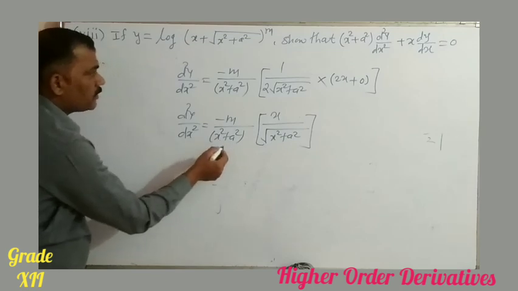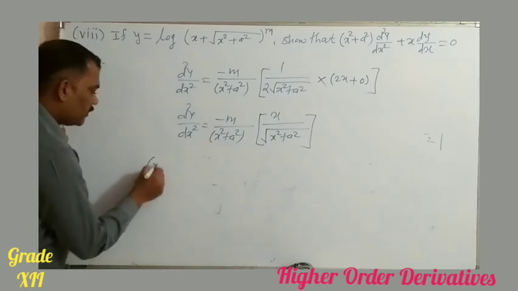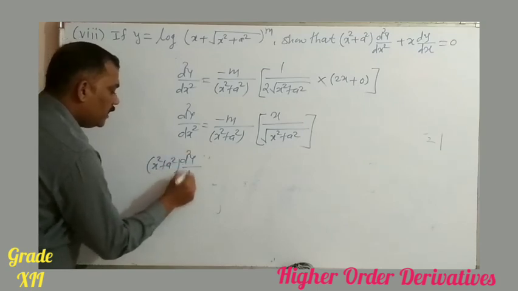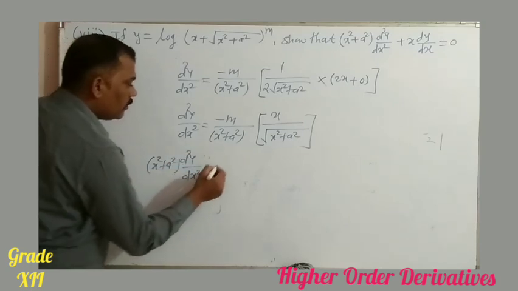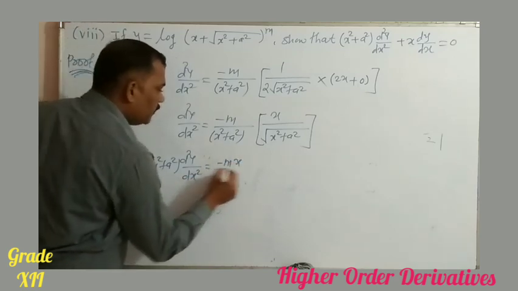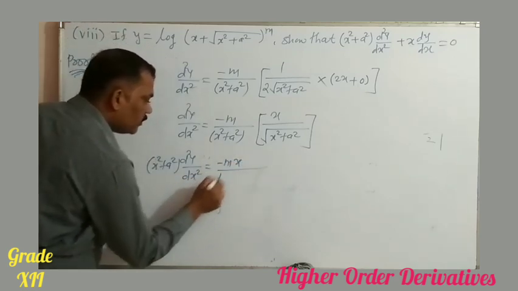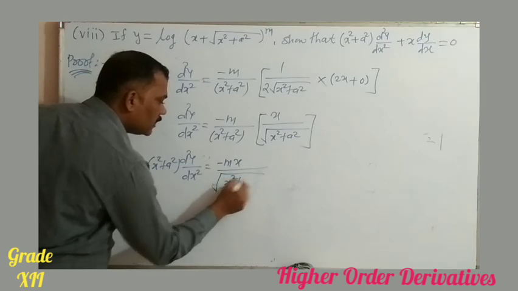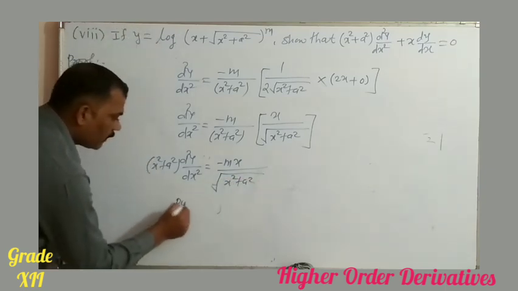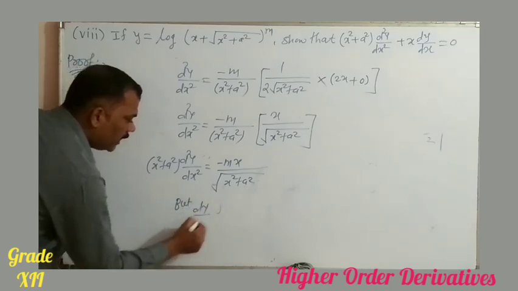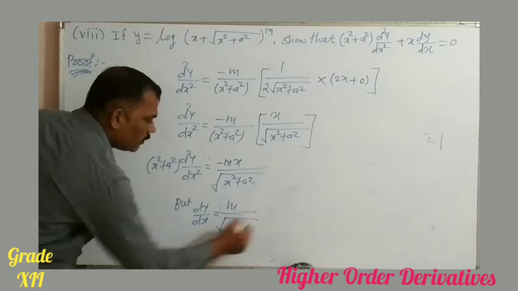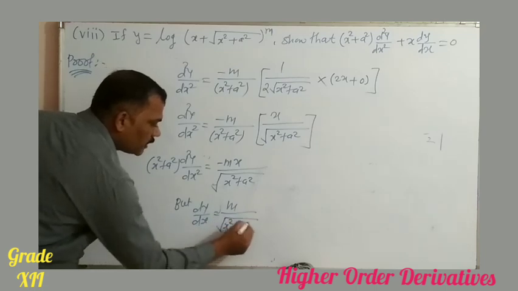We have to take this x square plus a square on this side, that is x square plus a square into d2y by dx square is equal to minus m into x divided by under square root of x square plus a square. Okay, but dy by dx is equal to m divided by under square root of x square plus a square.